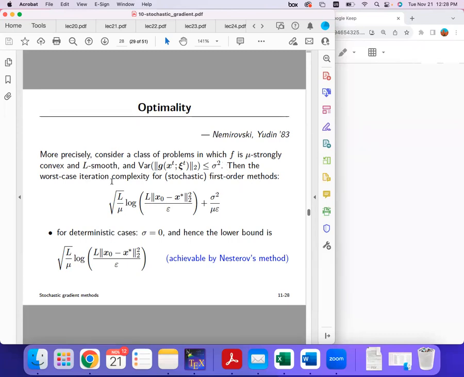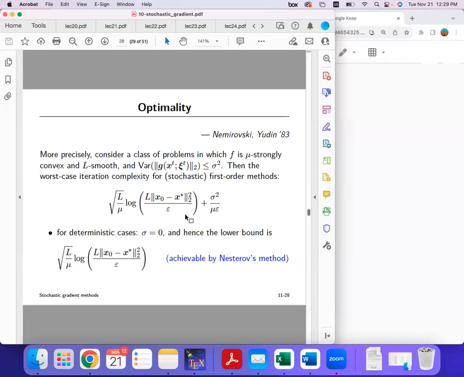Basically, for any stochastic first order algorithm, we can construct a very hard problem specific to that algorithm. And these hard problems will make the algorithm have the following convergence lower bound. So this is to say that these stochastic first order algorithms cannot have a convergence rate better than this one. This is the best case that it can achieve.